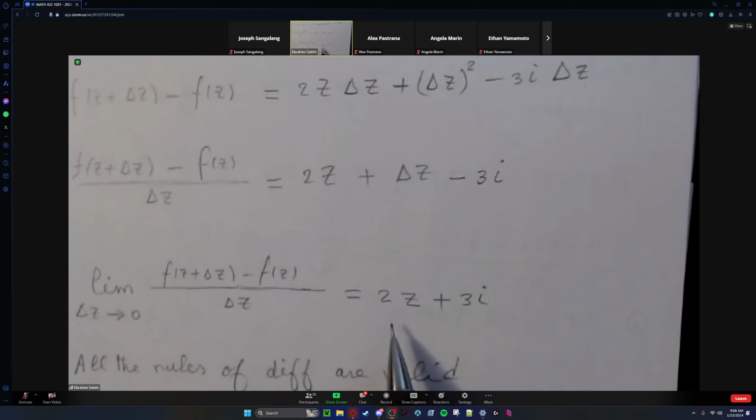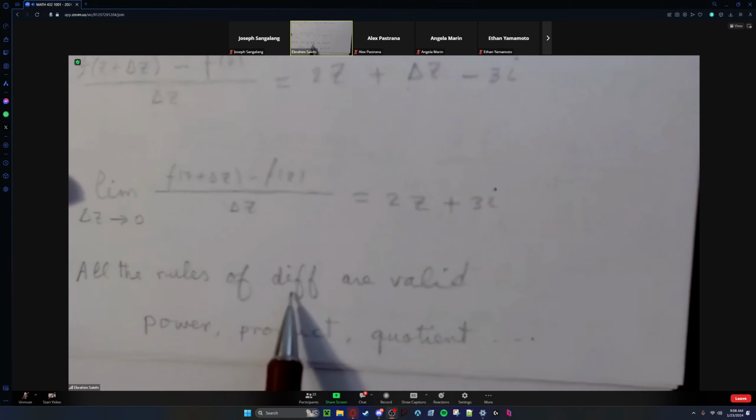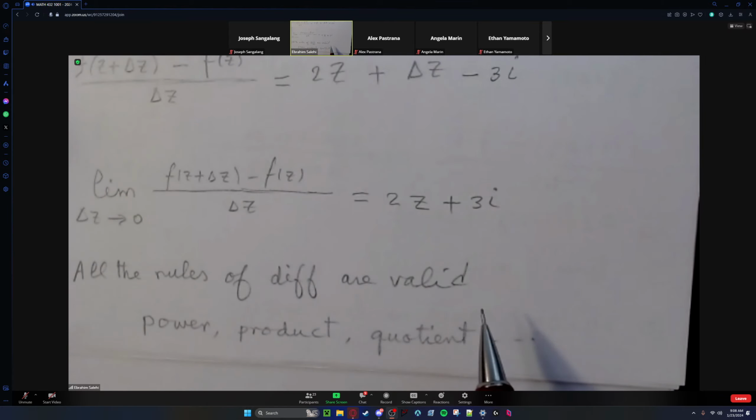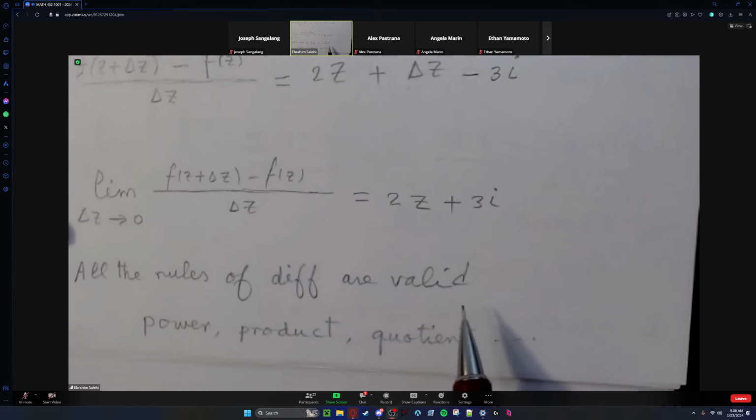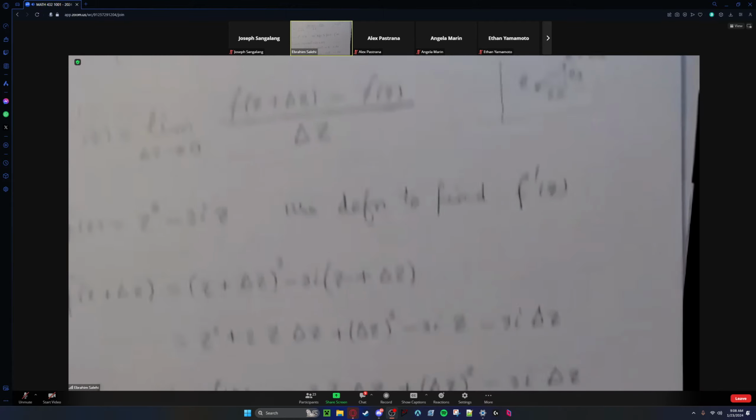So this is the derivative of that function. We expected this because, as I told you earlier, all the rules of differentiation are valid. What do I mean by all the rules? In taking derivatives, you had the power rule, the product rule, the quotient rule, all right? All those are going to be valid. You're welcome to use them.